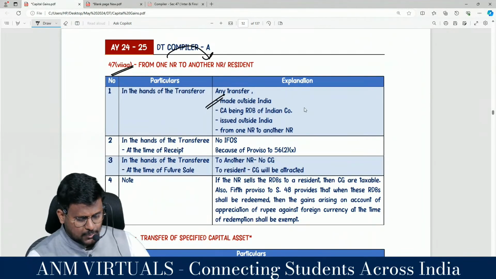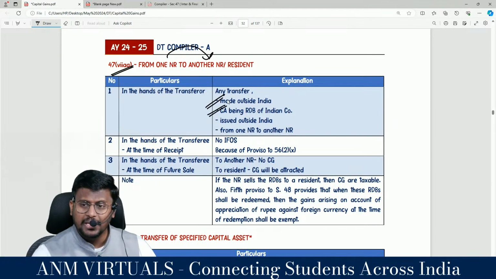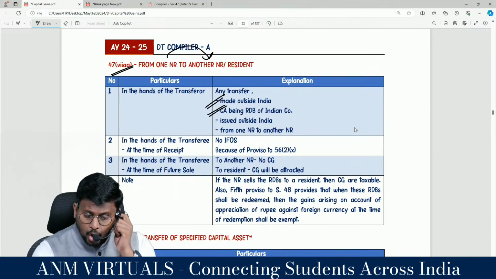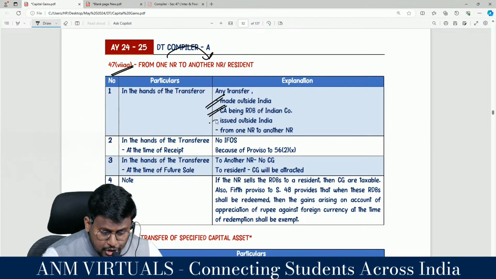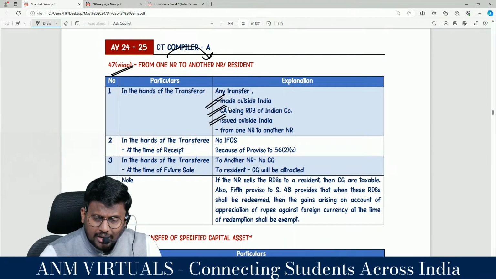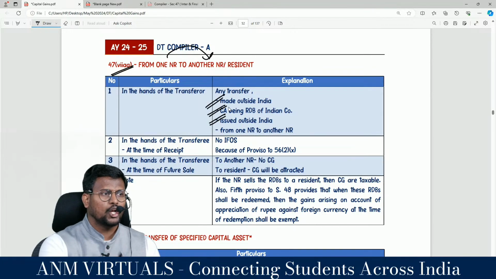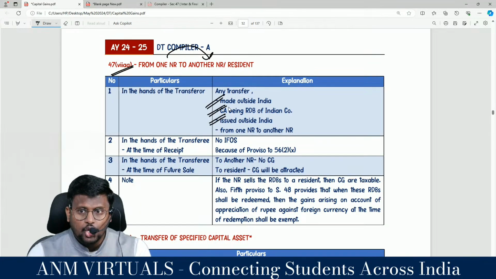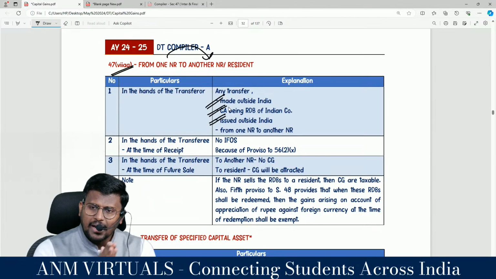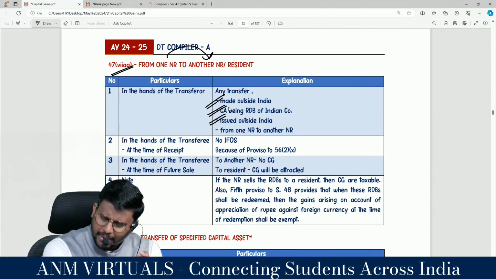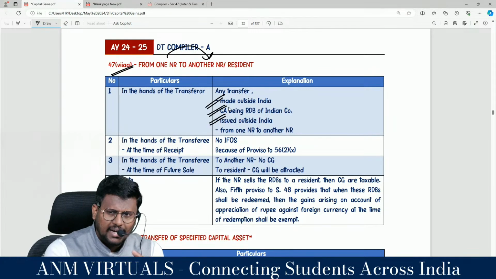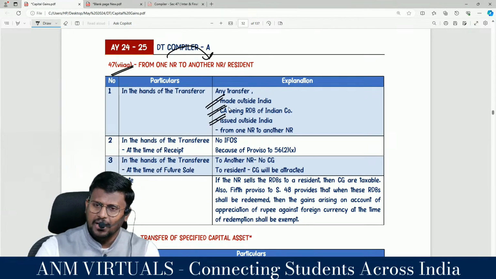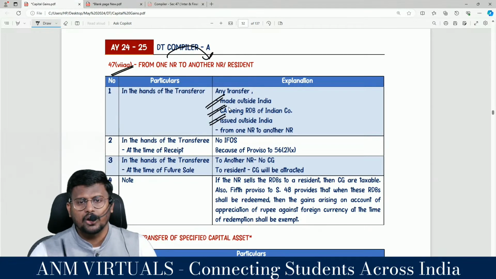Any transfer made outside India, of a rupee denominated bond of any company, from one non-resident to another non-resident, will not be regarded as a transfer in the hands of the transferor non-resident.